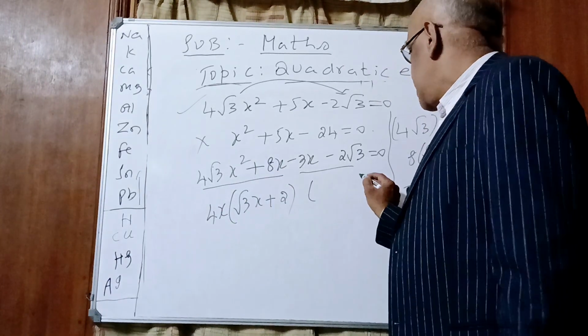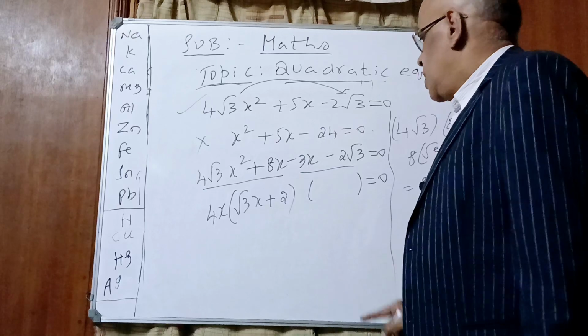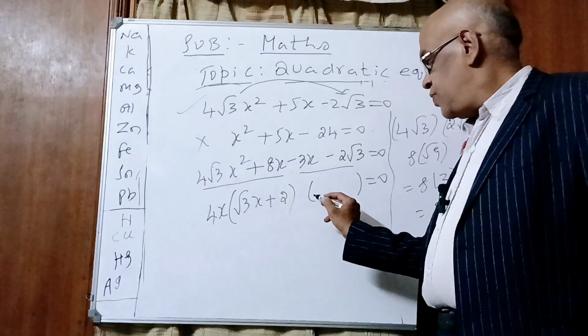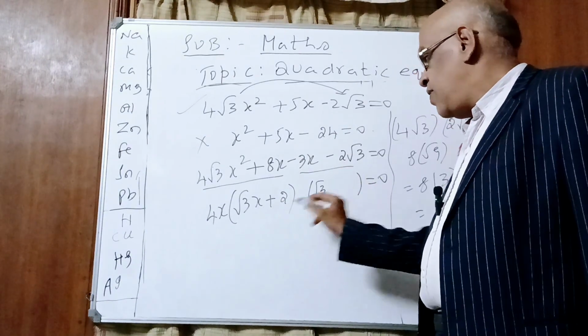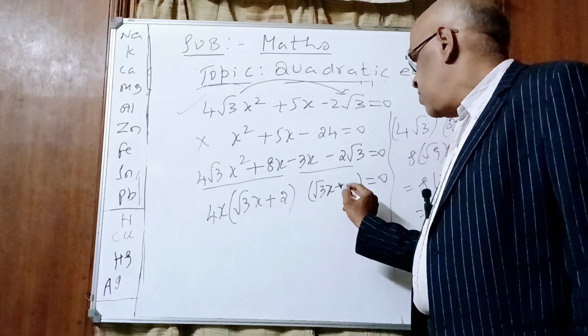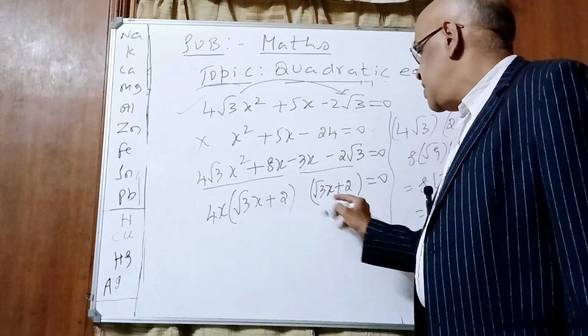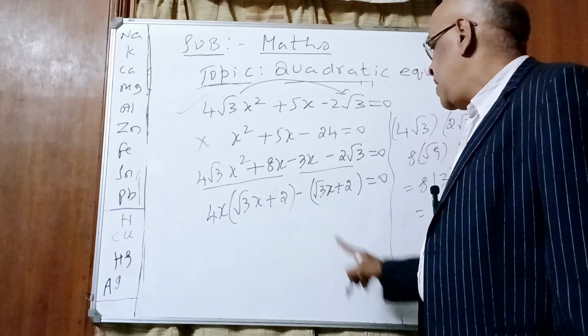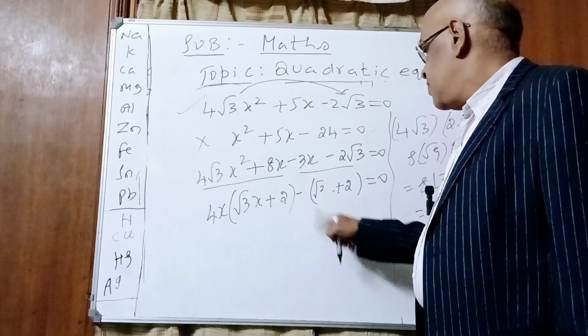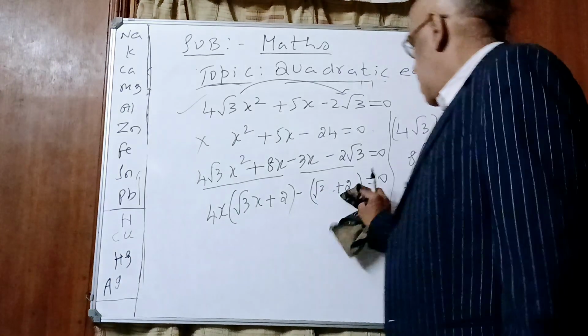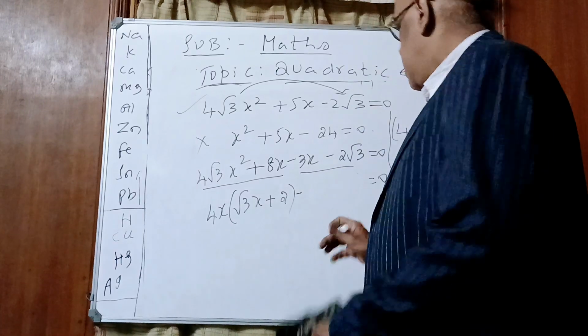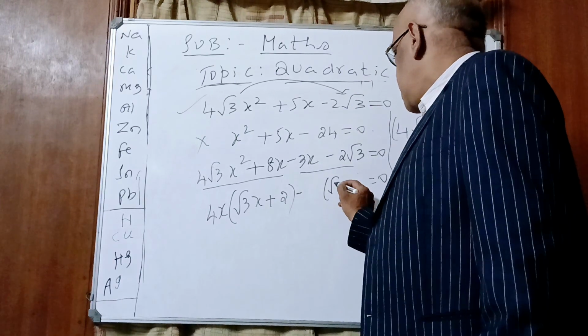What should we write here, children? I told you, so blindly, without seeing, I'll write the same thing. Root 3x plus 2. Yes or no? Yes. Sign changes. Outside will be minus. Then what will I write here?